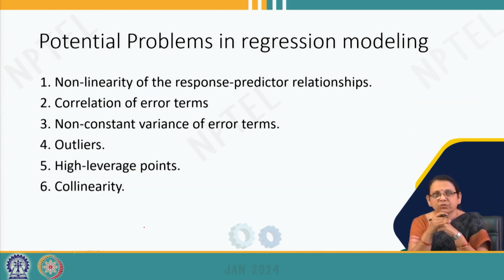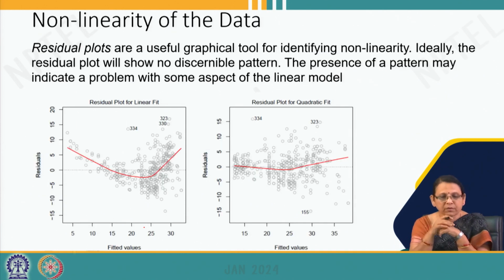So, these are a few potential problems in regression modeling which we would like to see one after the other. First problem is non-linearity of the data. Remember, through regression what are we trying to do? We are trying to fit a linear model, but it may so happen that the data is actually not giving a linear relationship.